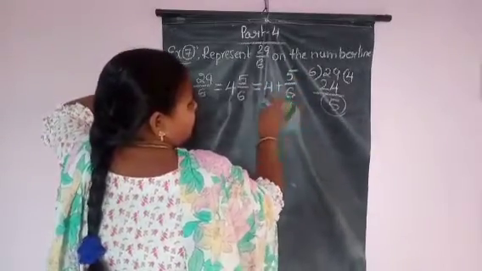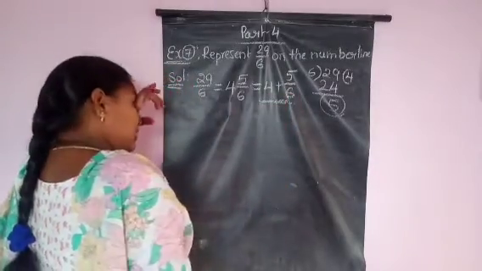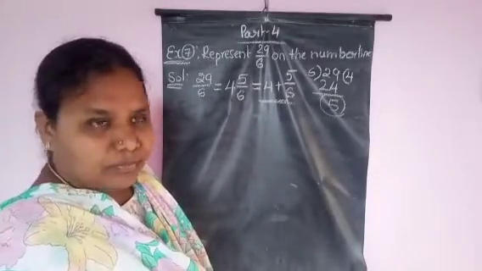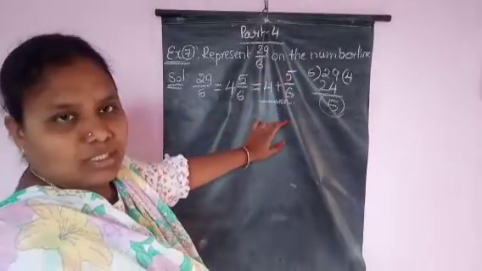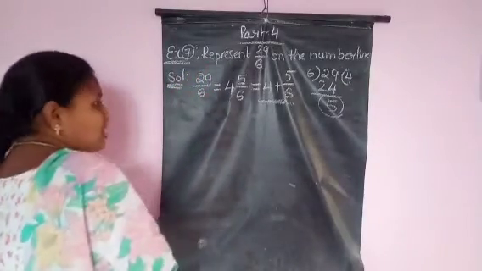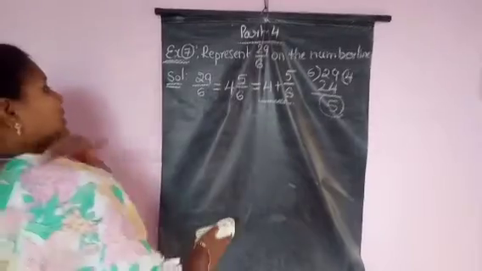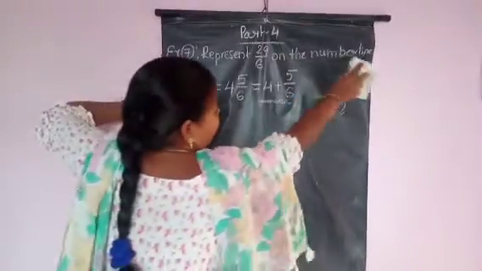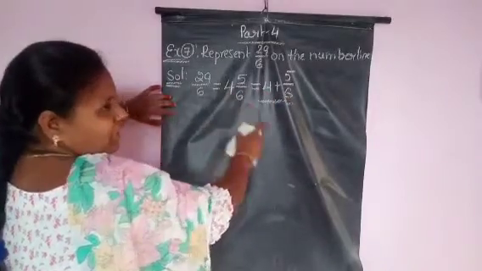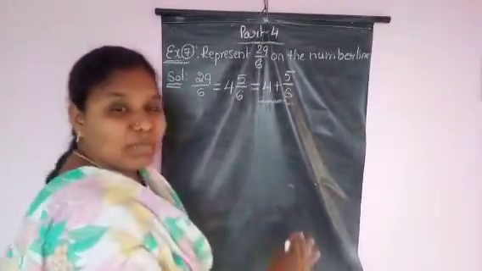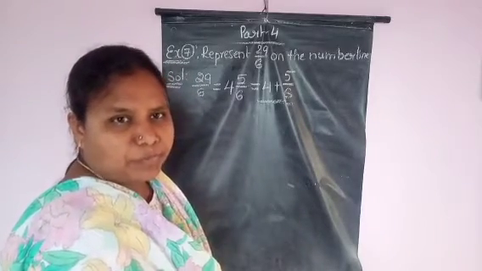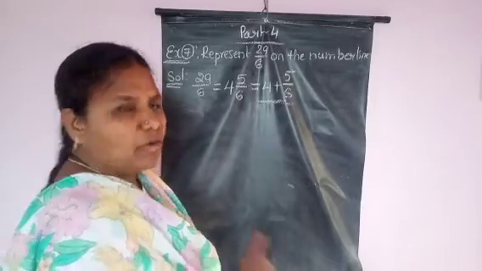The given rational number 29/6 lies between 4 and 5. 4 plus something means it lies between 4 and 5.